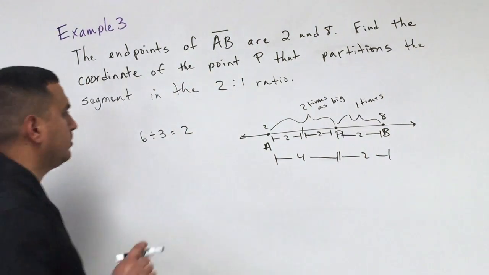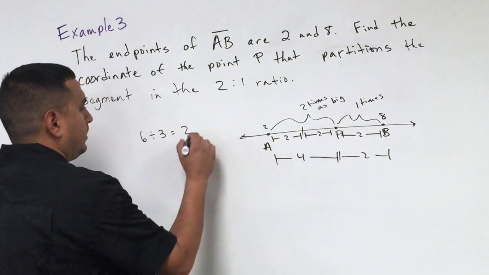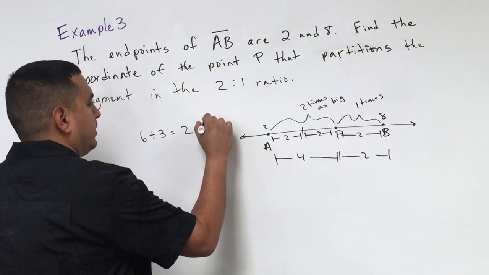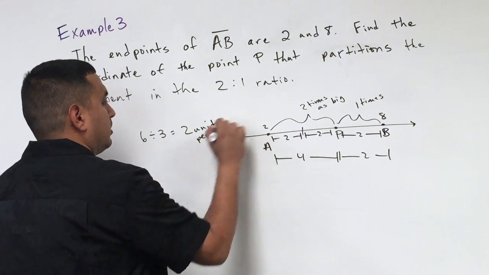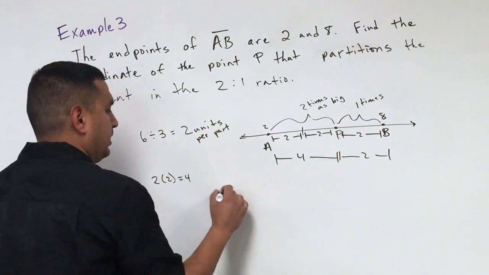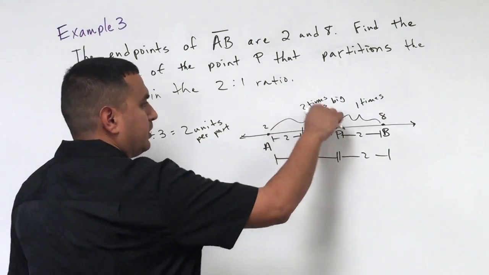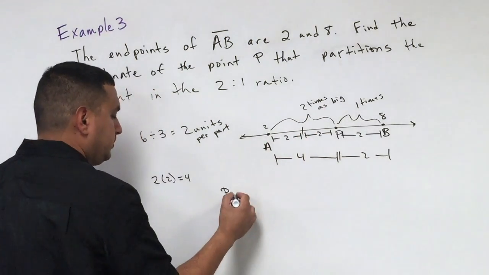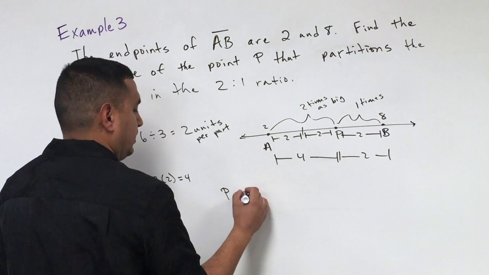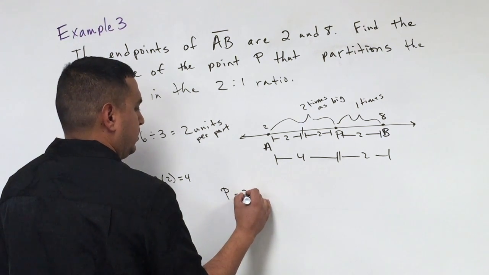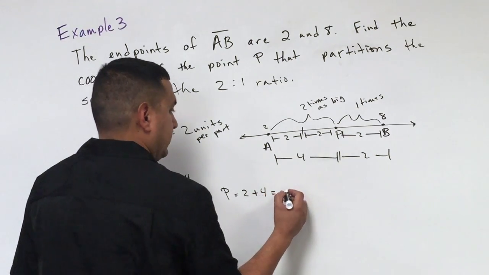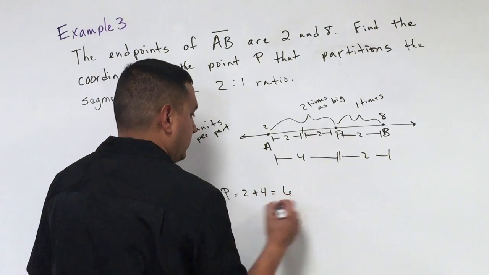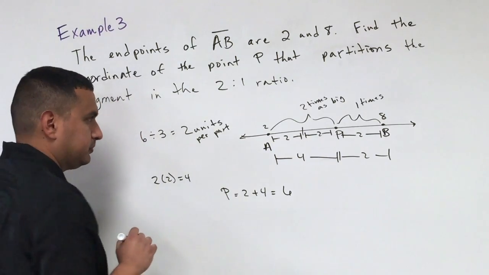I'm going to write this out. This would be 2 units per part. So to find P, I need to go 4 units to the right. So P is going to be, we're at 2 plus the 4, which tells me it is going to be at 6. That's the coordinate.